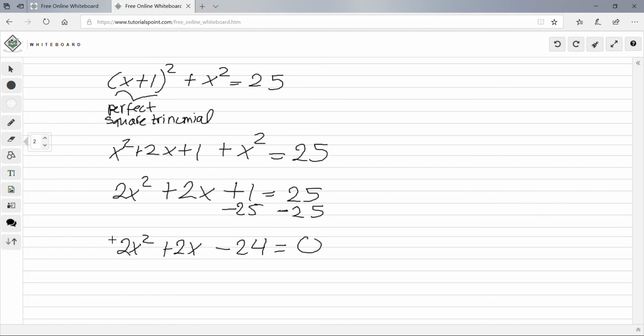Looking at this, before factoring I can take out a 2, and taking out a 2 will make it so much easier. So 2 times (x squared plus x minus 12) equals 0.